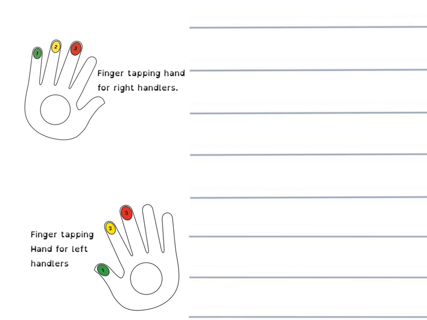Ready? Here we go. Our first word is kid. Pound, kid. Flip and float, k-i-d. Go ahead and write.